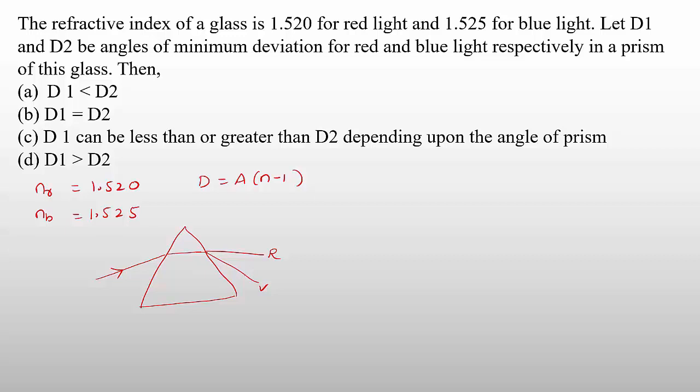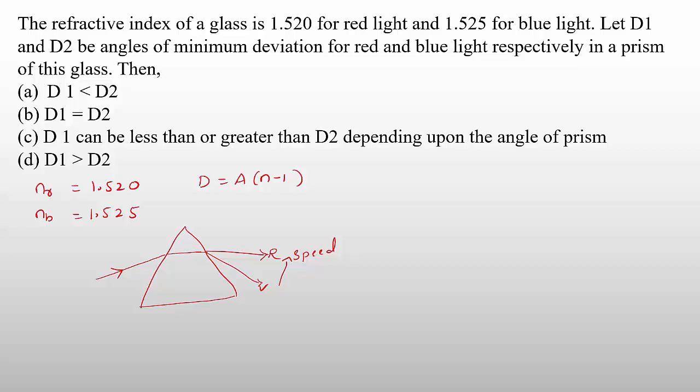When it bends more, the speed of light decreases, so it bends towards the normal. From violet to red, the speed of these different colors goes on increasing. So red color is least deviated because speed is more, and violet color is most deviated because speed is very less.